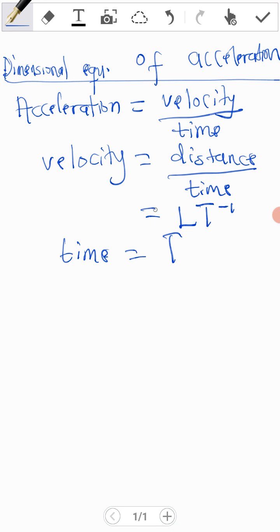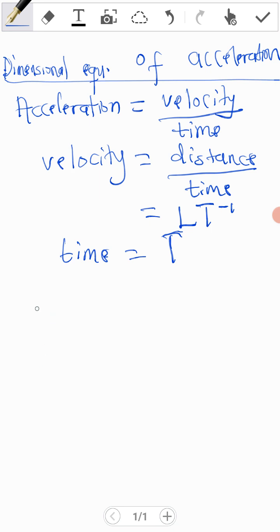So now we know the dimensional equation for velocity, and we know the dimension of time. So we can substitute these into the formula of acceleration to get the dimensional equation of acceleration.